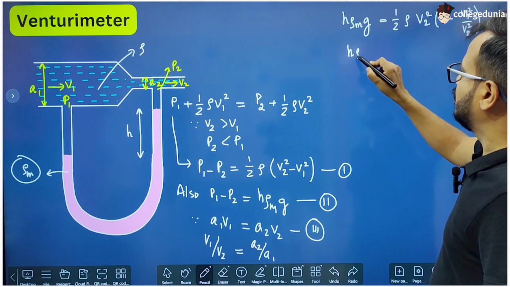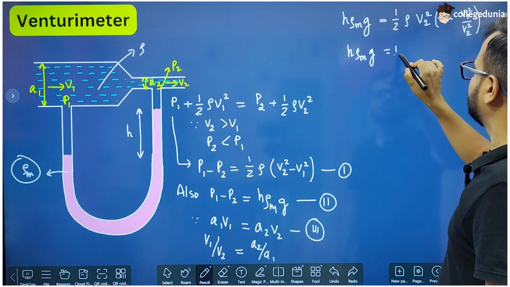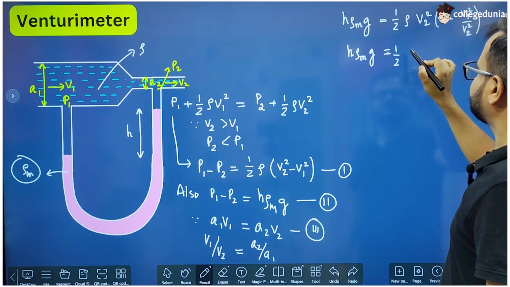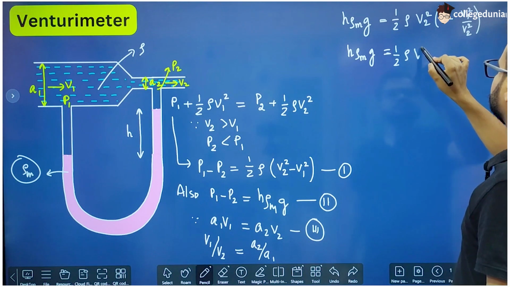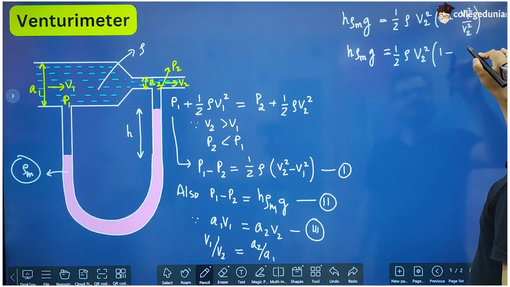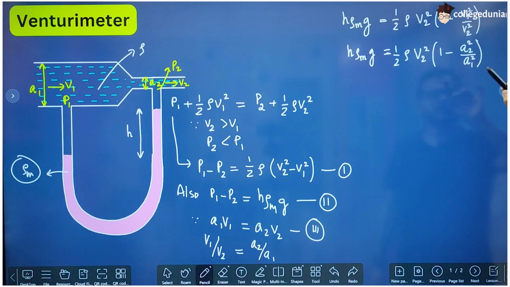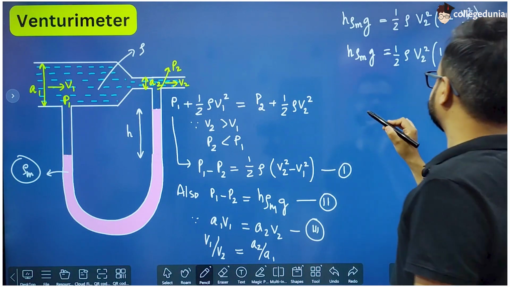So h rho m g equal to half rho V2 square into 1 minus A2 square by A1 square.